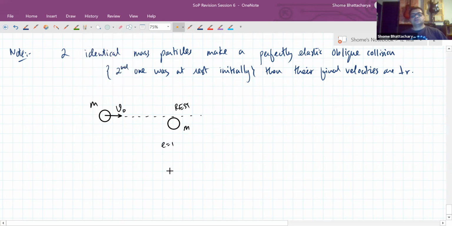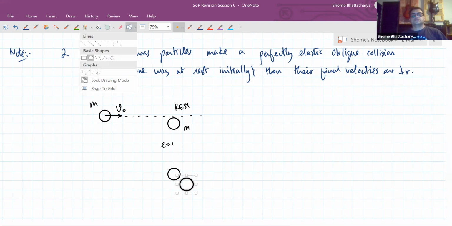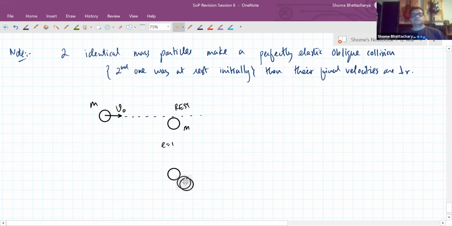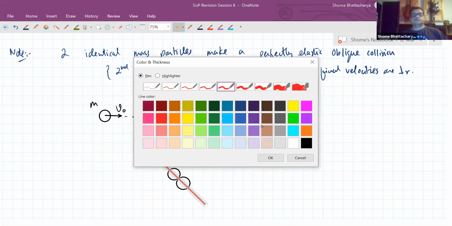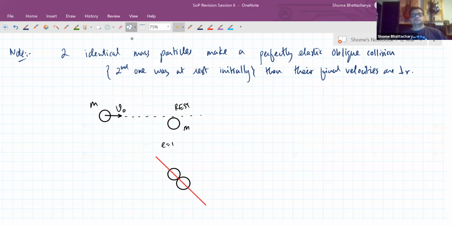Then what will happen immediately after impact? Let us say our line of impact is this one here, and the initial velocity of this particular particle was along this direction.